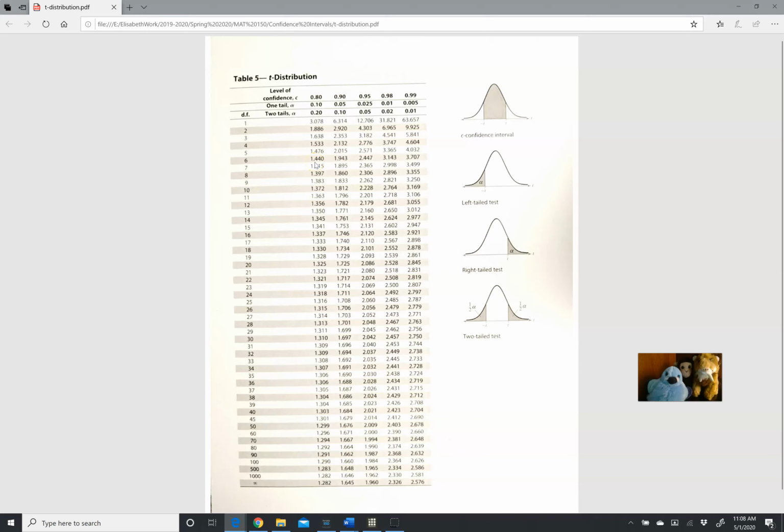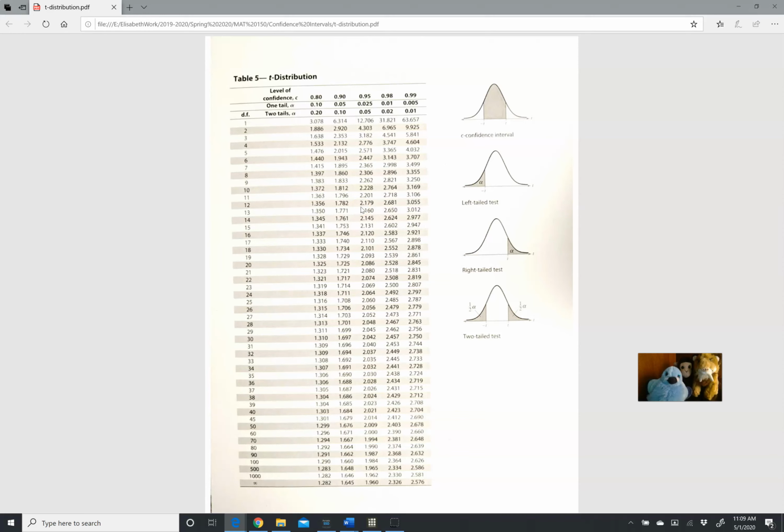If we were doing a left-tailed test with a level of significance of 0.025 and degrees of freedom 12, we go to the one-tailed row, this column here, and down to 12. Now it's left-tailed, so it's going to be negative 2.179.